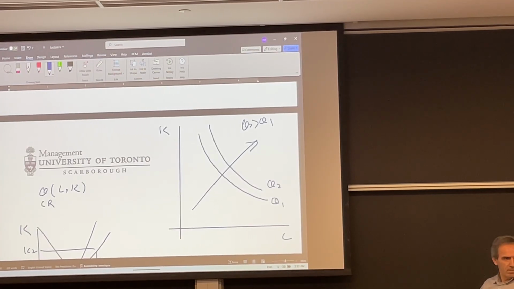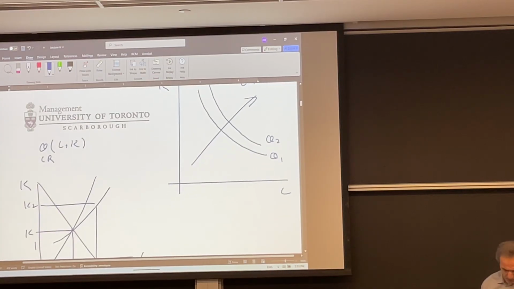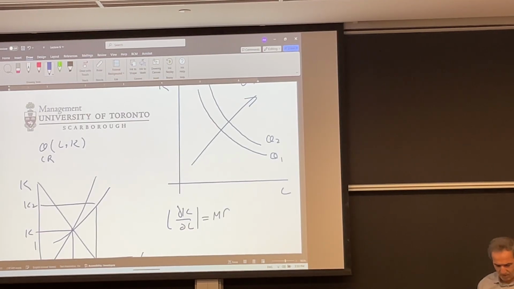Fine? Make sense? Okay. The slope of the isoquant, ignoring the sign, is called MRTS. Similar to MRS, but you put a T there because that is the marginal rate of technical substitution. That is how inputs are exchanged with each other. Right? That's the reason they put technical there. You move from one technology to another one. You substitute labor and capital.